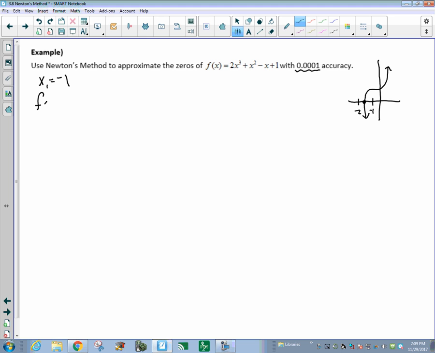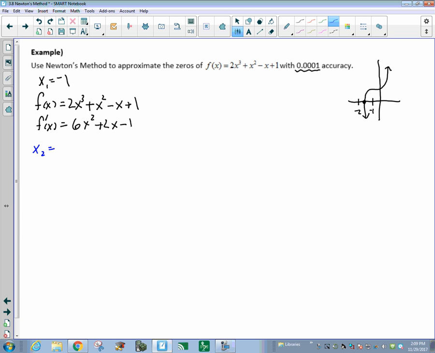So we have f of x equaling 2x cubed plus x squared minus x plus 1. And then f prime of x, when we take the derivative, gives us 6x squared plus 2x minus 1. And then I could solve this going through my iterations over and over again. So we'll start with x sub 2.